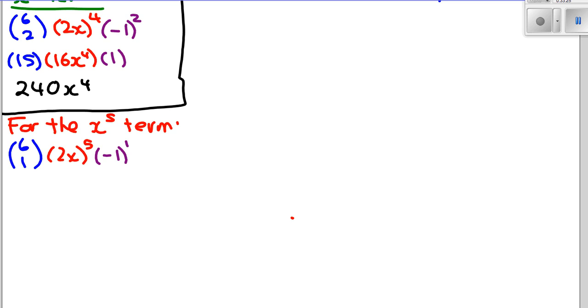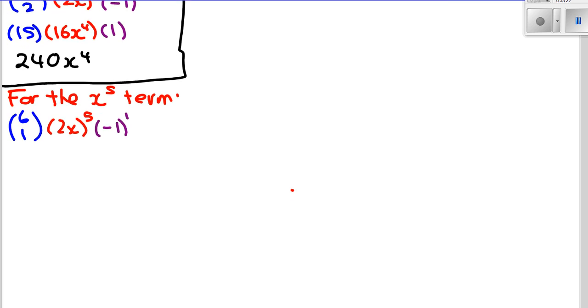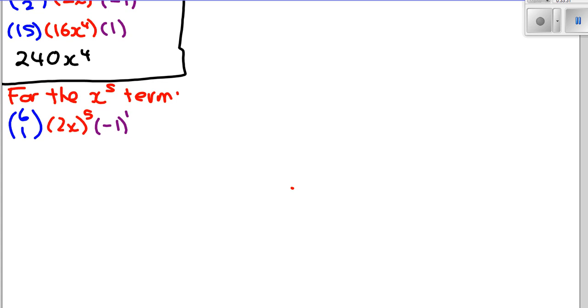So is the overall term going to be positive or negative? Negative, good, yeah. So that 6, 1, do you get 6? Good. 2x to the power of 5, what does that become? 32, yeah, so you're going to get very good at your powers of 2 and 3 and so on, and times by negative 1. So you're hopefully going to get, do you get like a negative 192? Yep. Cool. x to the 5.